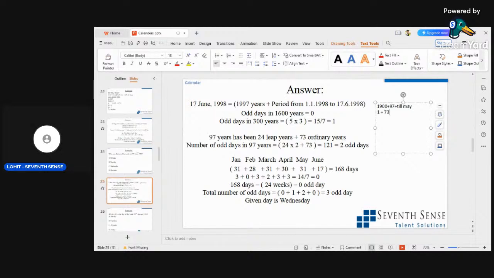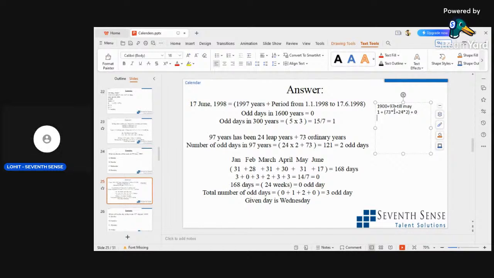That is 73. 73 multiplied by 1 plus, how many leap years? 24 are the leap years, multiplied by 2, plus the previous one which we did, that is 0.